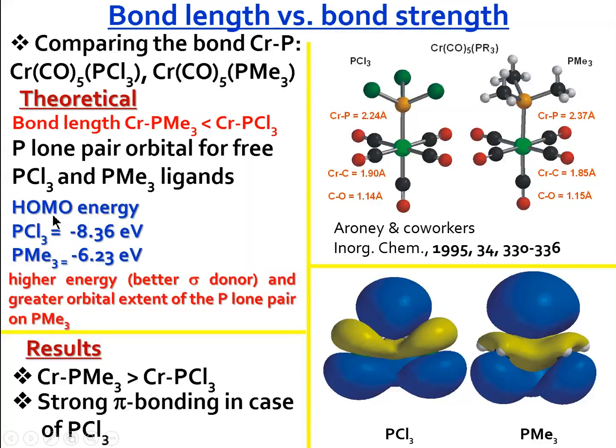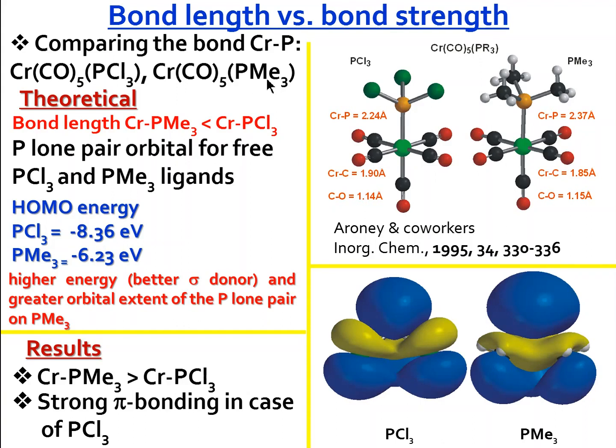As we said before, when the phosphine ligands are more donor, that means the M-P bond is stronger and the bond distance is shorter. But the experiment proved that we have some exceptions. For example, consider the two complexes, Cr(CO)5PCl3 and Cr(CO)5P-methyl3.